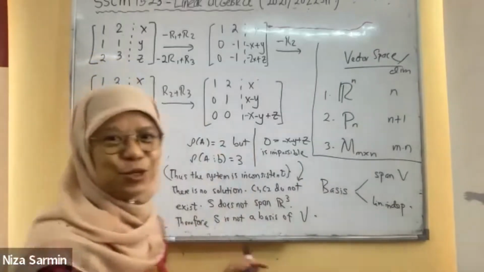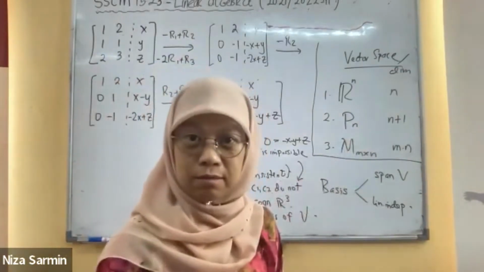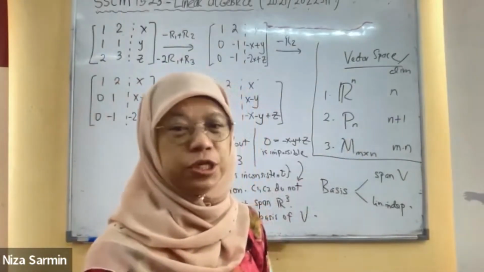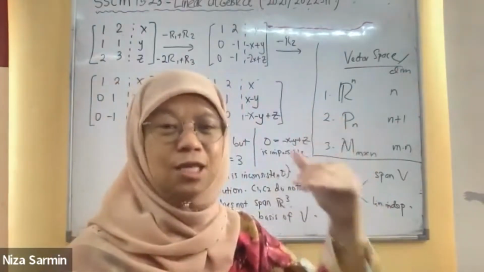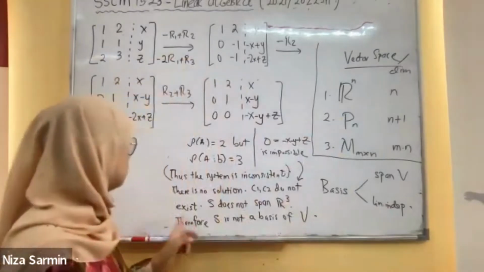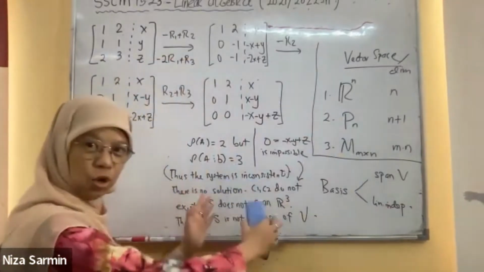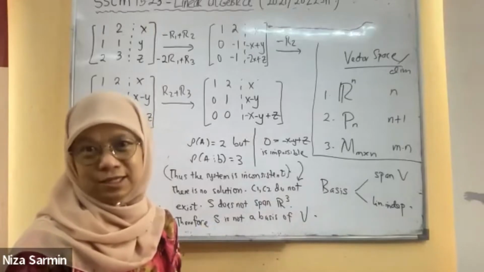Clear, yeah? So I can change the question into polynomial. I can change the question into matrices. The work is still the same, except for when you write in terms of the equation, it is in terms of polynomial or matrices.